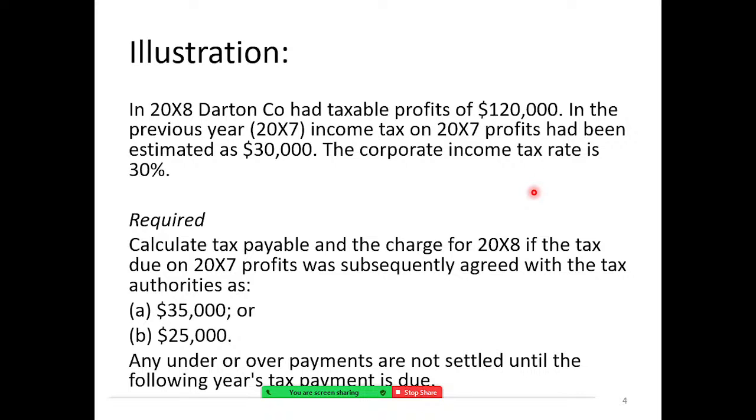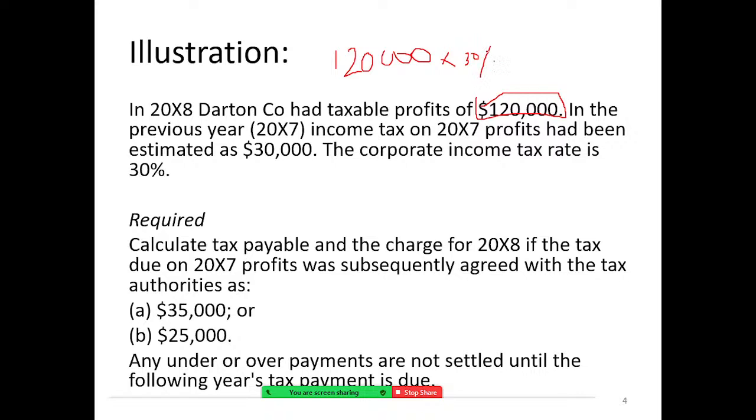Here 2017 current tax will be revealed in 2018. 2018's current tax will be revealed in 2019, and so on. So how to handle this? Let's now calculate the current tax. How much? 120,000 times 30%.